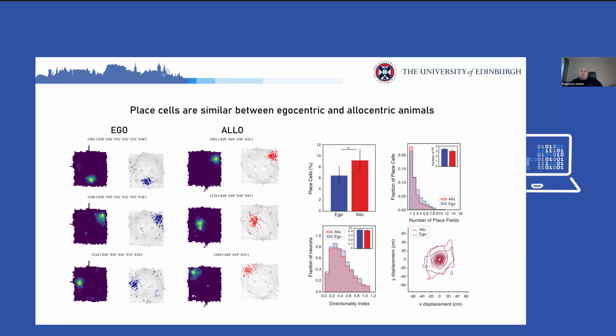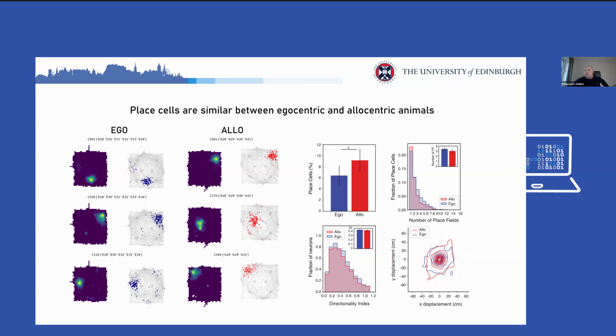But what we found is that indeed allocentric animals had more cells that would be classified as place cells compared to the egocentric group. We thought that this was largely because in the egocentric group, we found more cells that had more than one place field.